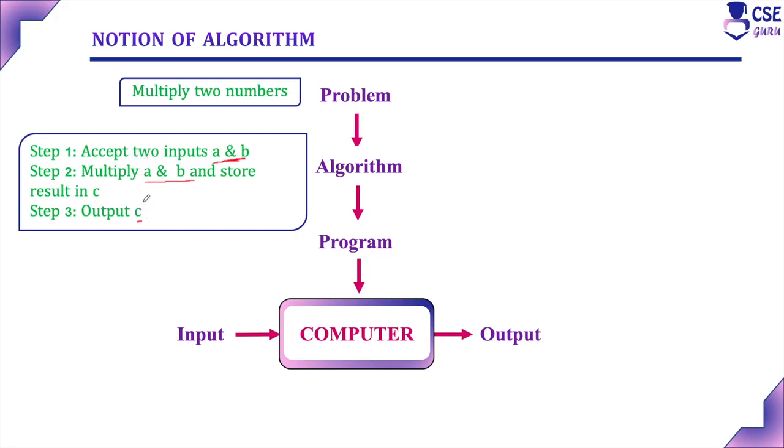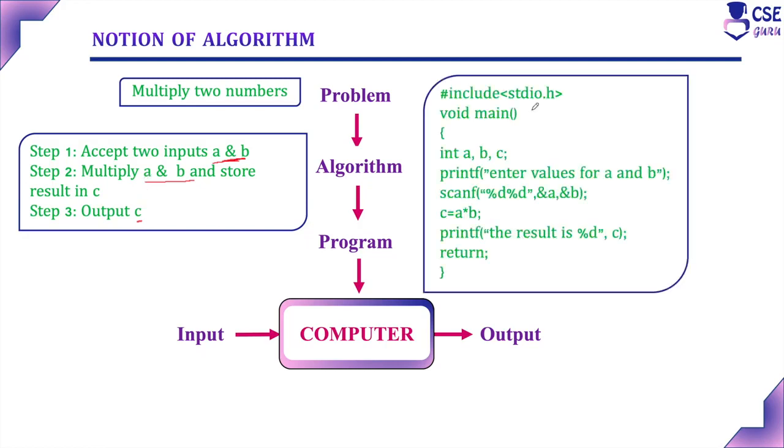The next stage is that the programmer will develop the code with the help of these algorithmic steps. For example, here I have given a C program to multiply two numbers. In the C program, initially we need to declare variables. So we are declaring the variables A, B and C. A and B are used to accept the inputs and the result will be stored in variable C. We are using the scanf statement to accept two inputs A and B. The next step in the algorithm is to multiply the two values.